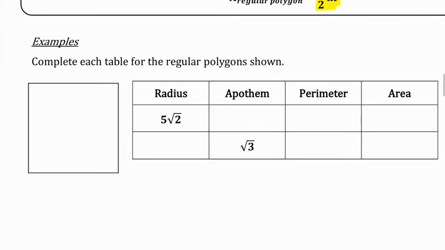Okay, so let's try our first square, and these go horizontal, by the way. So this is one number, and this is our second one we're going to look at. The first one tells us in our square that the radius is 5 radical 2. Remember, a radius goes from the center to a vertex. So if I put my center in my square, to make a radius, I would draw a line to one of my vertices.